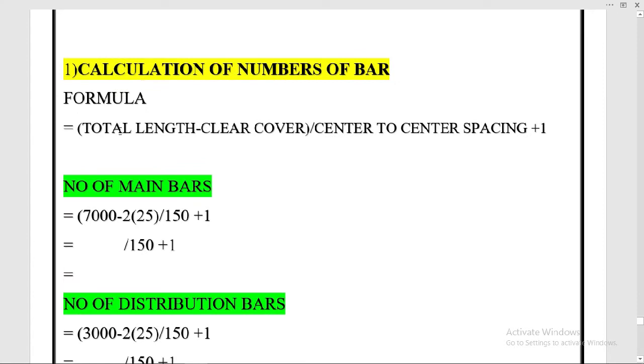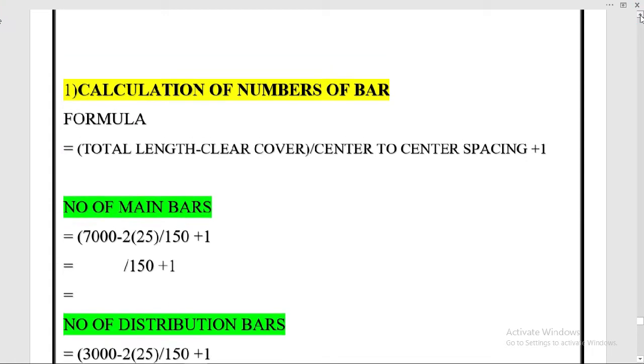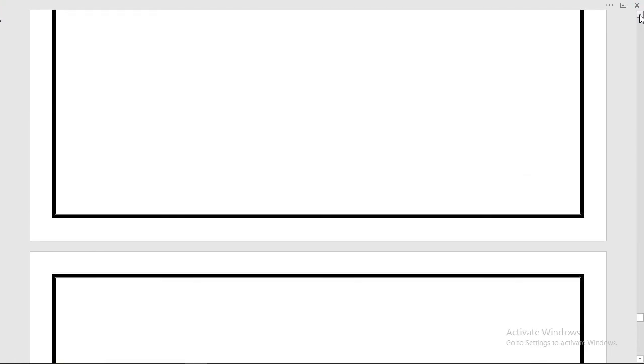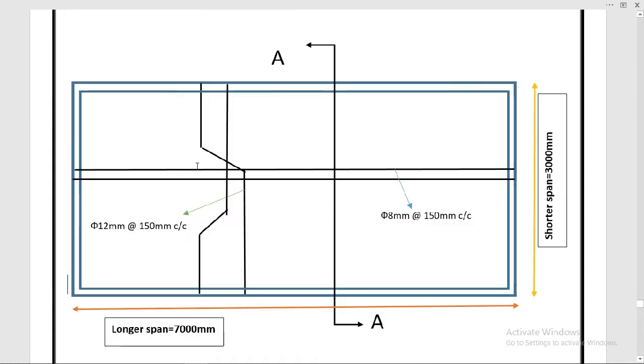Formula to calculate number of bars: total length minus clear cover from both sides, divided by center to center spacing, plus 1. For the number of main bars, I want to explain in the plan view that to calculate the number of main bars, we take the opposite length.